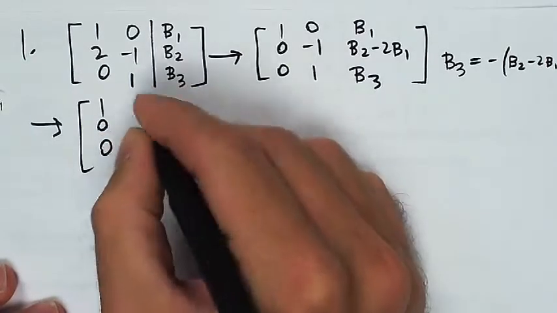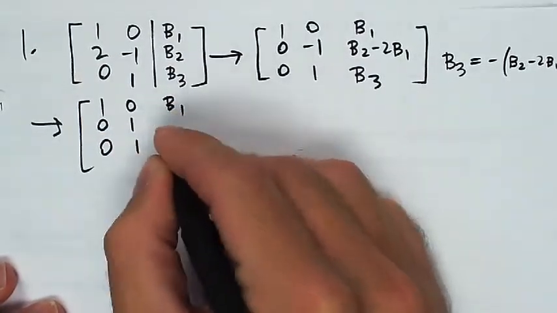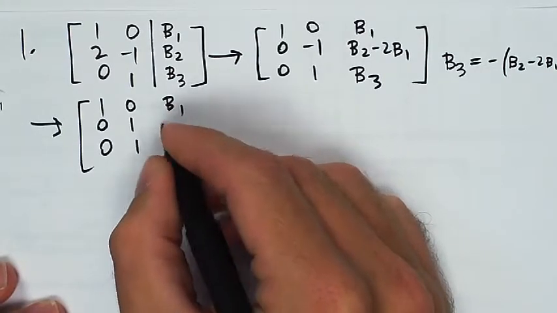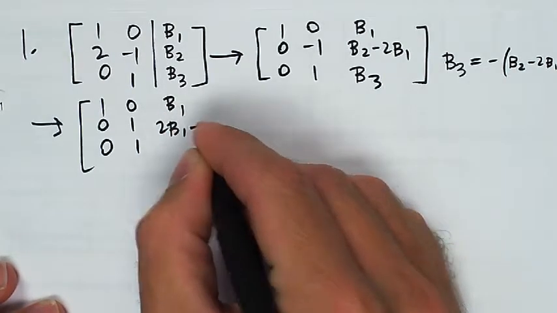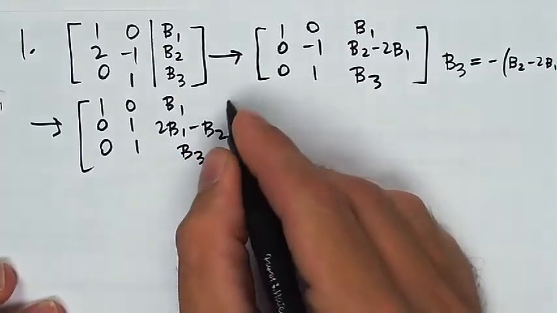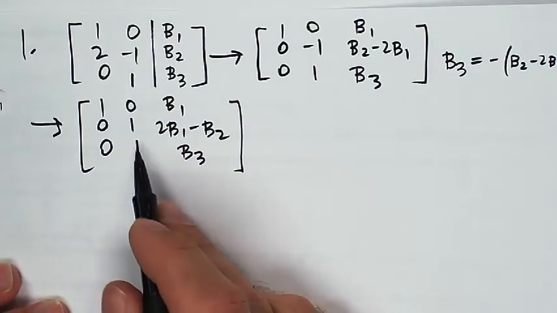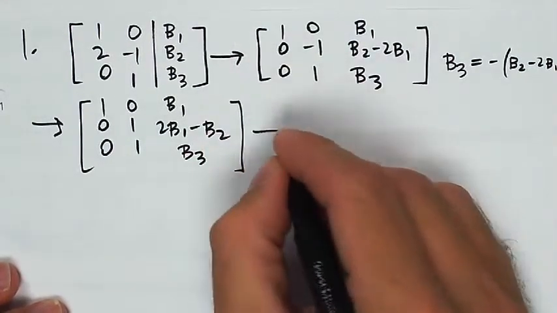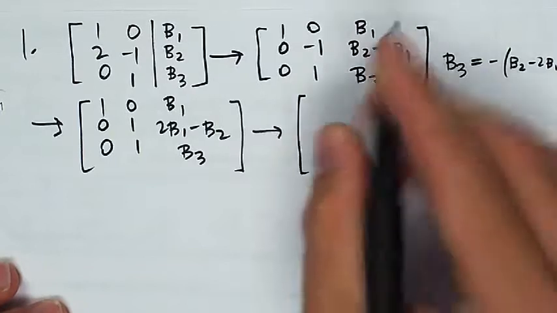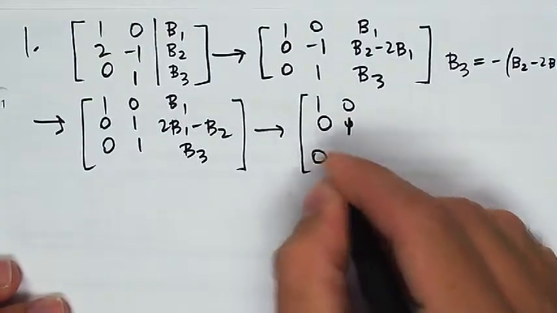1, 0, 0, 0, 1, 1, B1, 2B1 minus B2, because I just multiplied by a negative 1, and then B3. All right, I'm going to take this row minus that row, and I'll be left with 0, 0, 1, 0, 0.